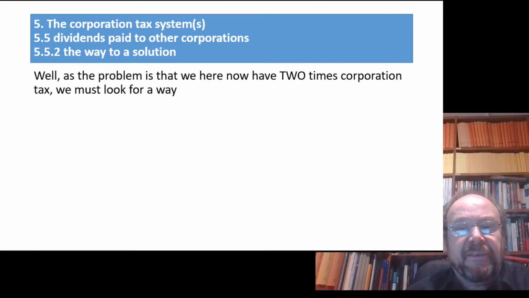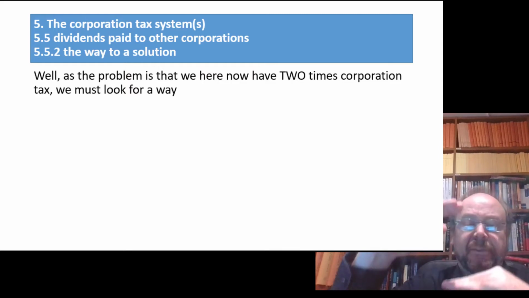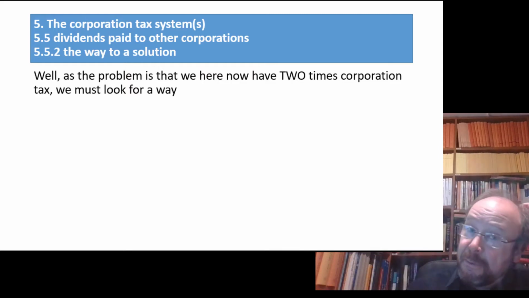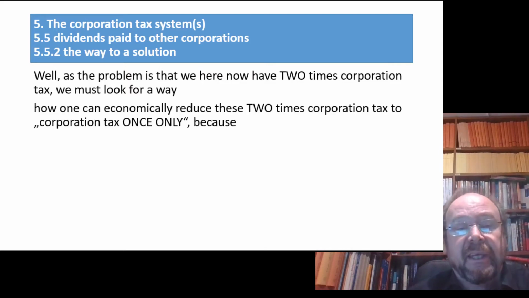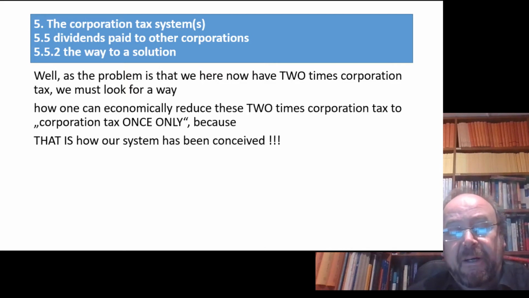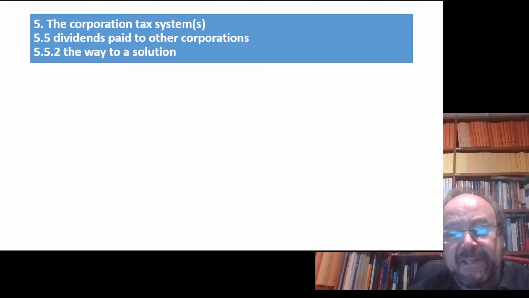Naturally, you see, the thing which spoils the whole thing is that we have now 2 times corporation tax. So we must look for a way to reduce 2 corporation taxes to, in the total effect, only 1 corporation tax burden. And that is how our system has been conceived, we must end up with that result.